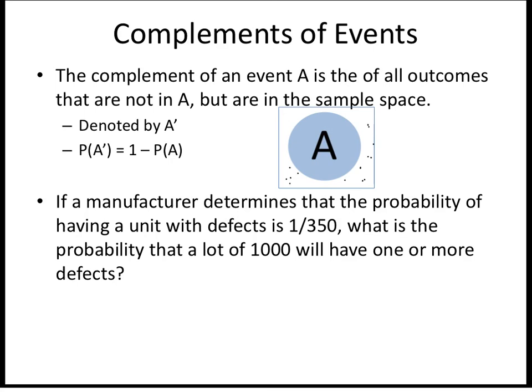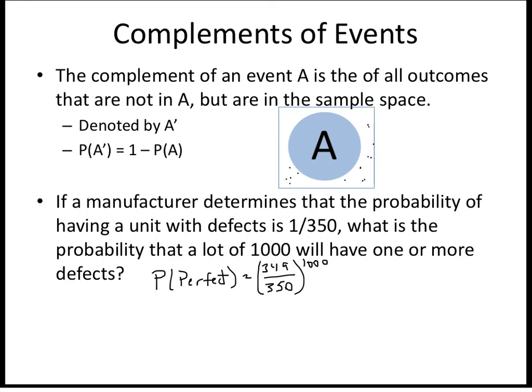So the probability that it's perfect is going to be 349 out of 350, right? Okay, so that's the probability that each unit is perfect. And if we want that for 1,000 units, we can take that to the thousandth power, right?